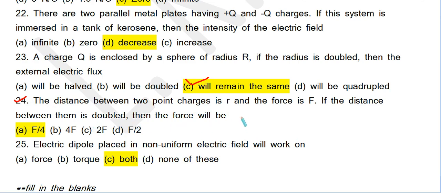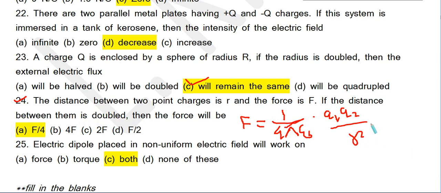Now we will calculate the force. The Coulomb force is F equals 1 upon 4 pi epsilon naught q1 q2 upon r square. Now by the condition, the distance between them is doubled, r is doubled, it means we put 2r, and now we square it.